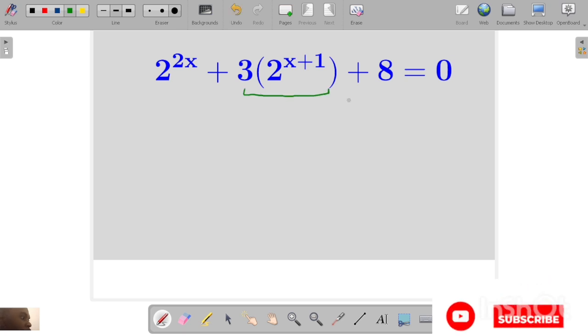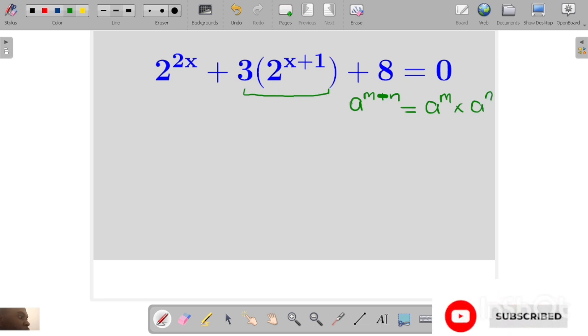By the laws of indices, if you have the base a raised to the power m plus n, this is equal to a to the power m times a to the power n.